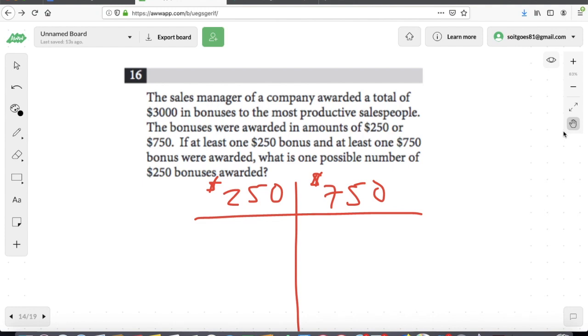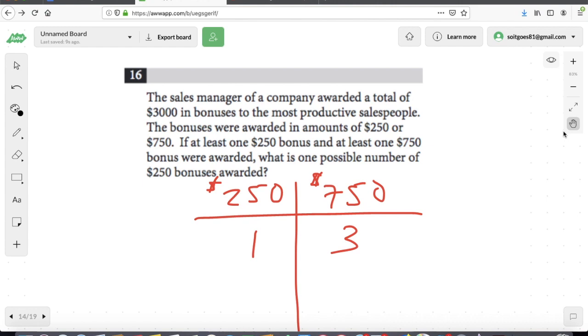It's not going to be 1 and 1. That's not going to work. But what if we do like 1 and 3 or 1 and 4, something like that? Like 3 of these guys? Let's use a calculator here. What would that give us? That would give us 750 times 3, which is 2,250.